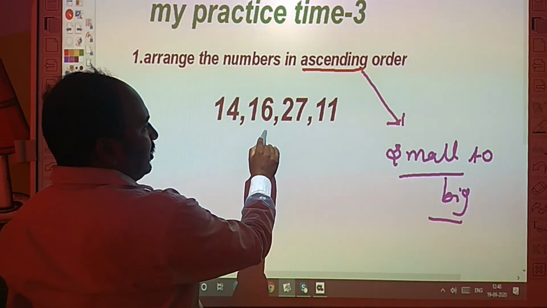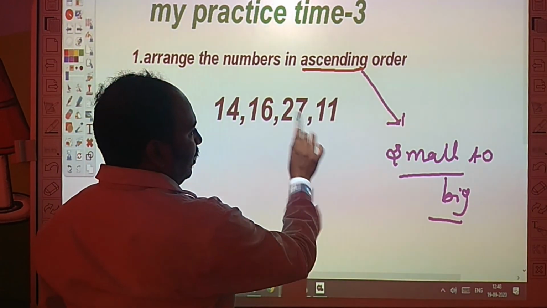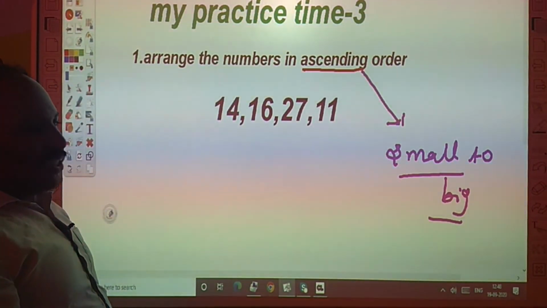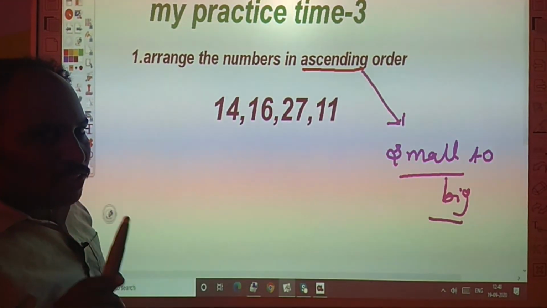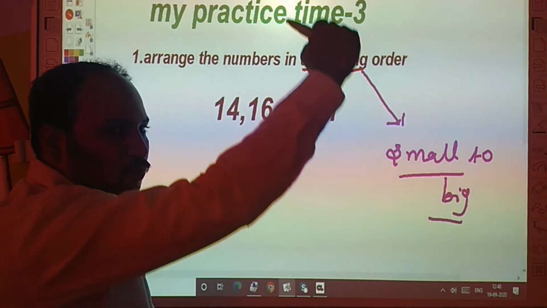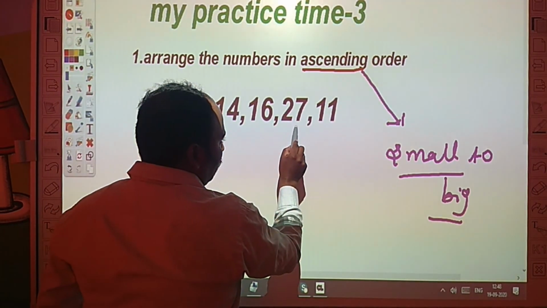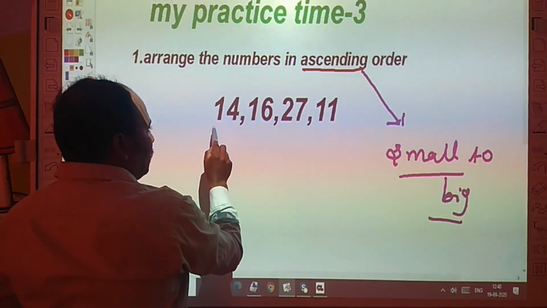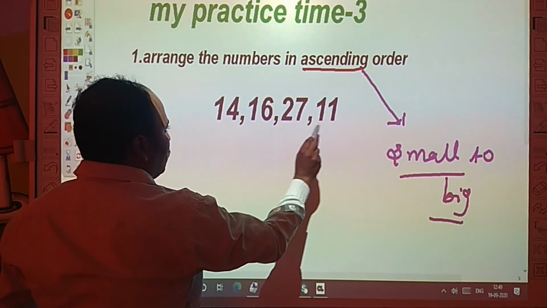14, 16, 27, 11. We have 4 numbers here. We compare 4 numbers. Which one is the smallest number? Because ascending order means smallest to biggest. First we compare the tens place. These are not 2-digit numbers.